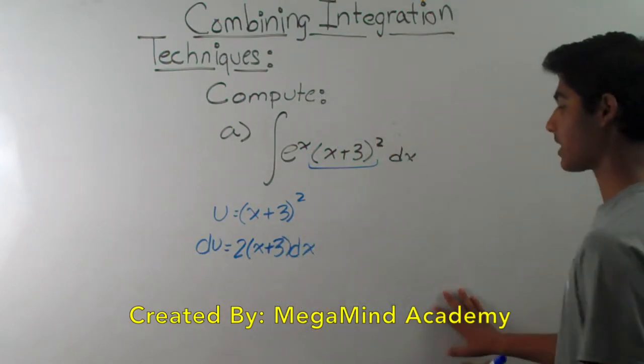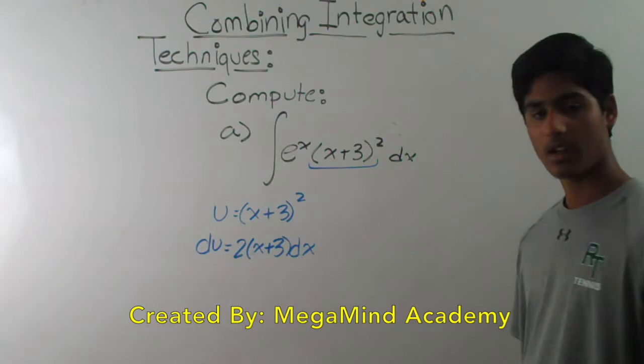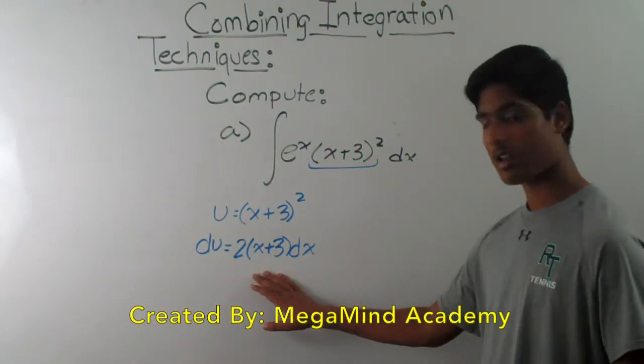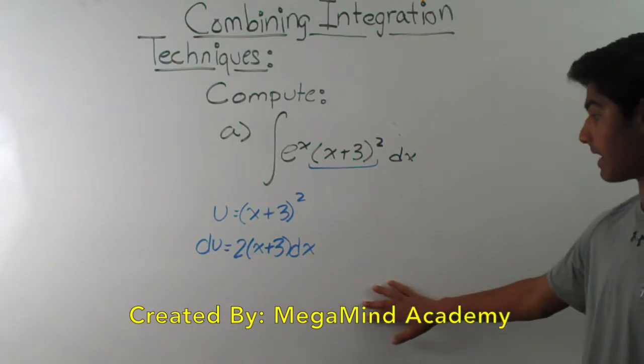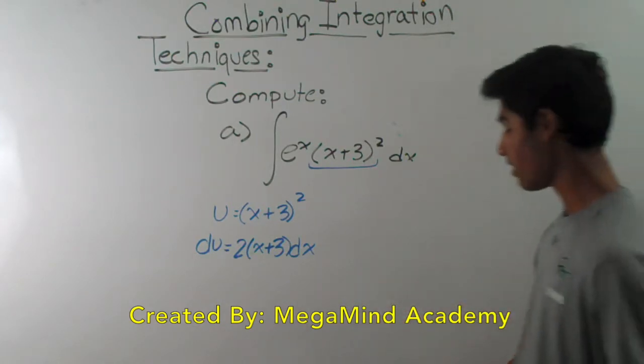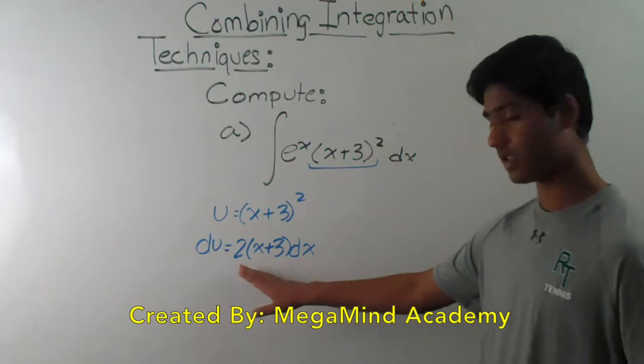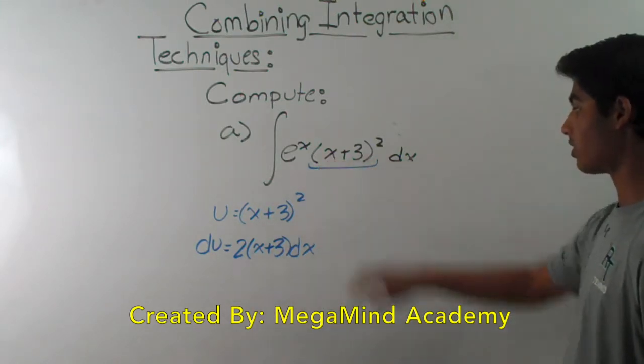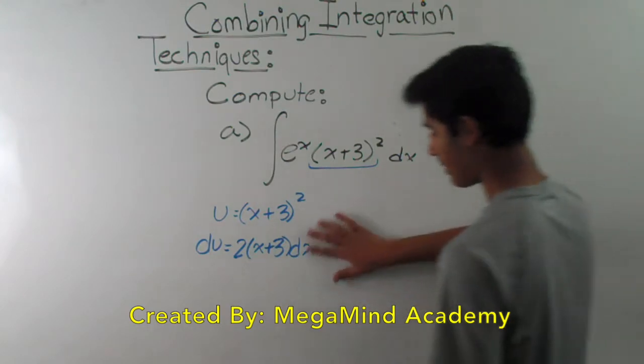As we can see, because we don't have anything outside, we don't have any extra things being multiplied or added, we can do this. However, if we did have something being multiplied or added, another term that wasn't a constant, then we would have to use u substitution to get this down to a single variable inside.